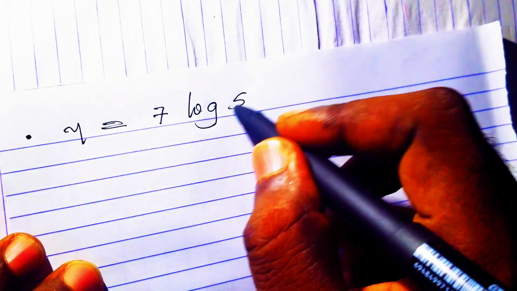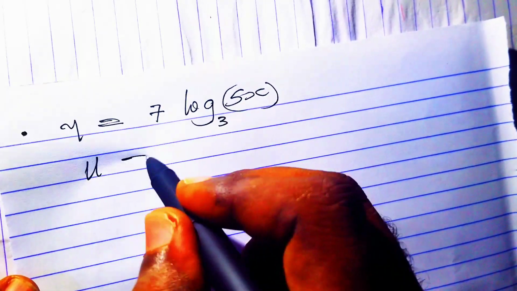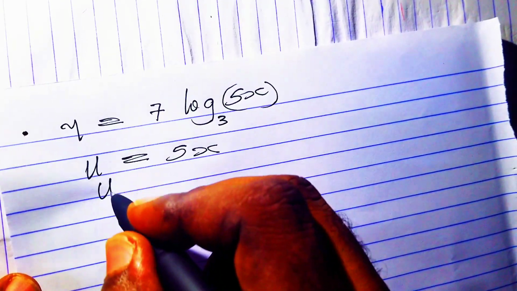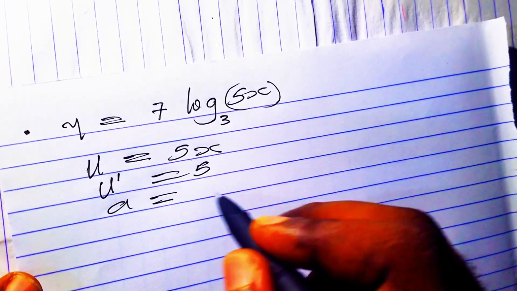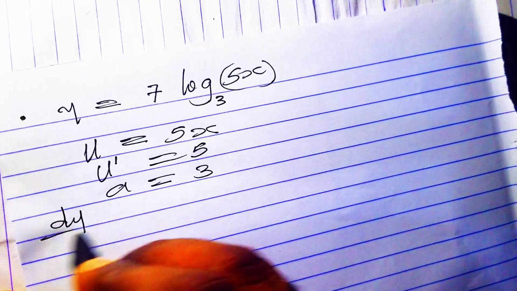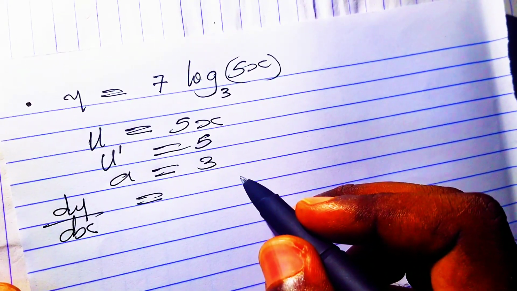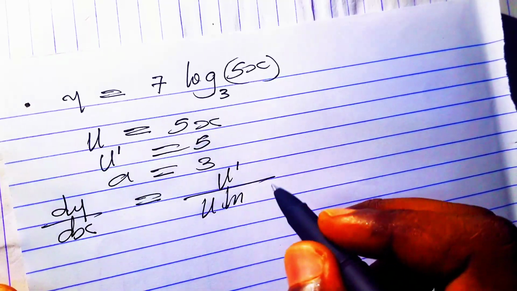Here, you have if y equal to 7 log 5x base 3. So in this case, our u equal to 5x. If our u equal to 5x, then u prime is going to be 5, and the base number a is going to be 3. And therefore, differentiating y with respect to x will bring up our techniques of log differentiation, which is dy/dx equal to u prime over u ln a.